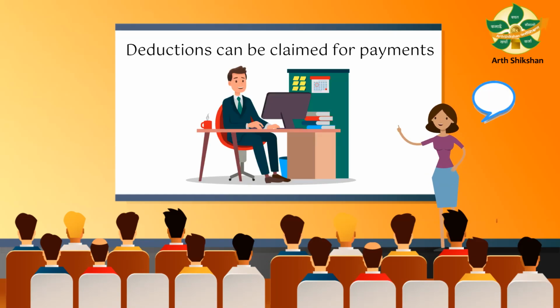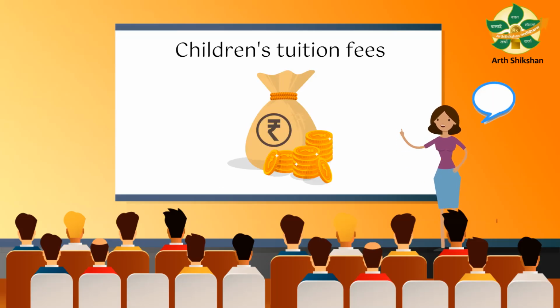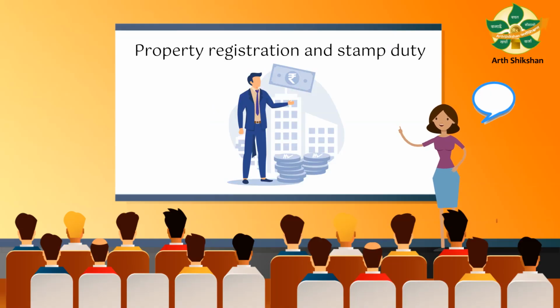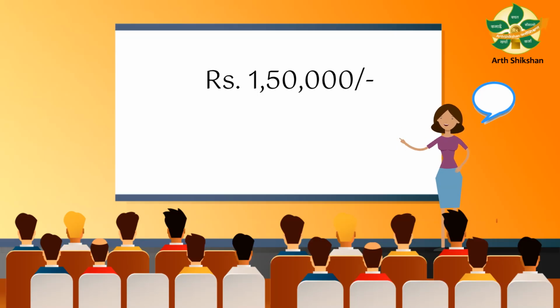Additionally, one can claim deductions for payments made towards life insurance policies, tuition fees for children's education, repayment of the principal amount of a housing loan, and registration fees and stamp duty for a house property. The maximum limit for deductions available under this section is Rs 1,50,000.